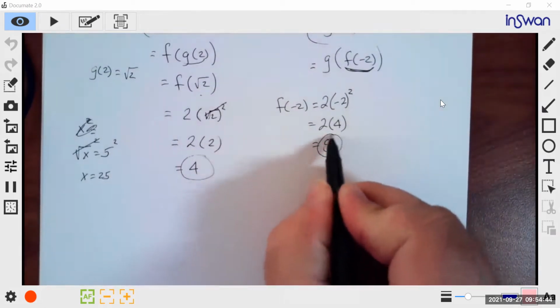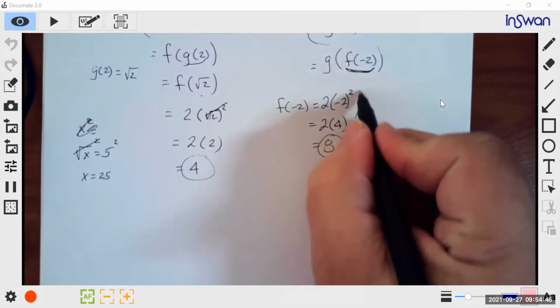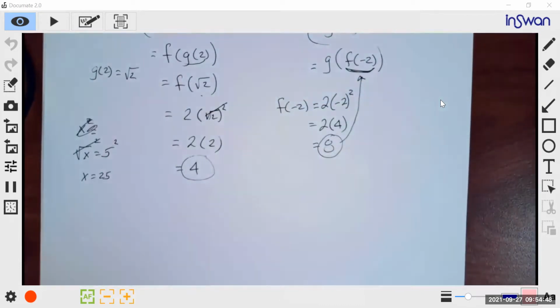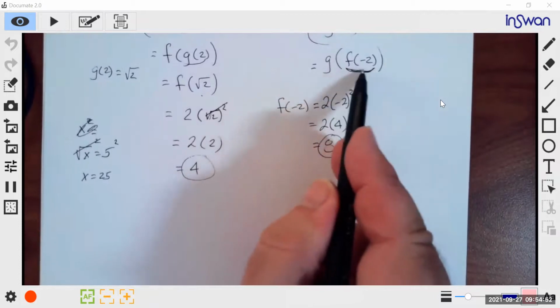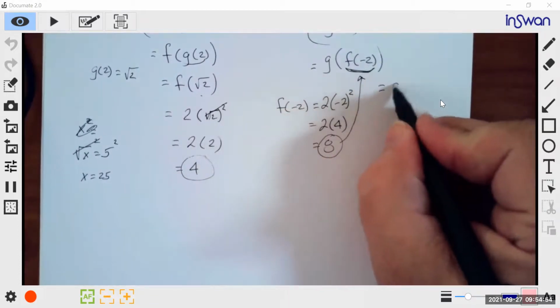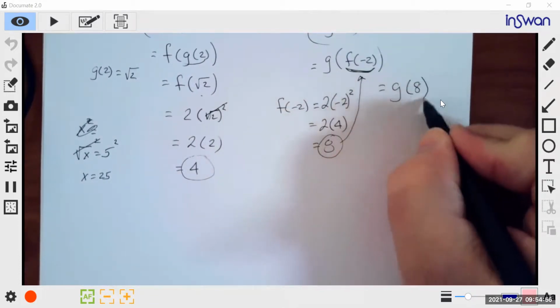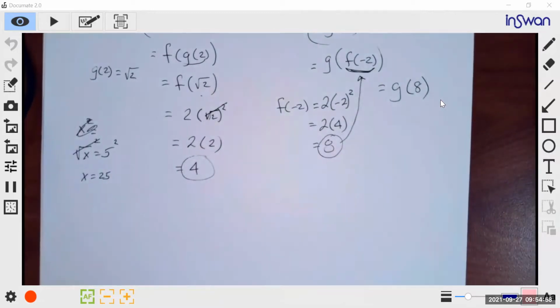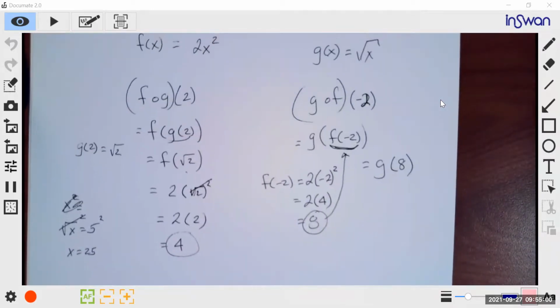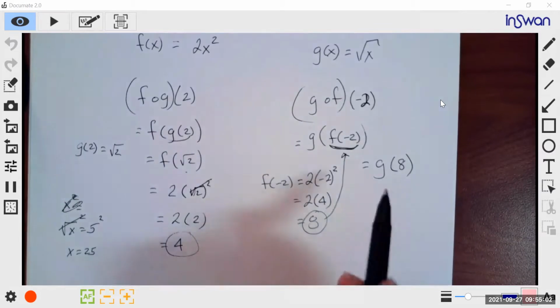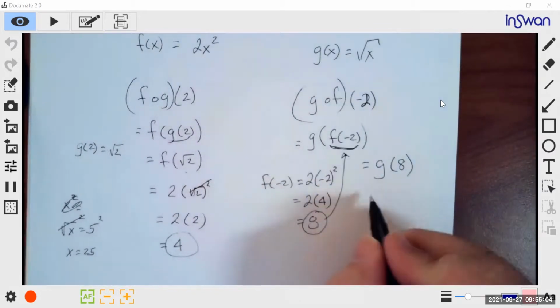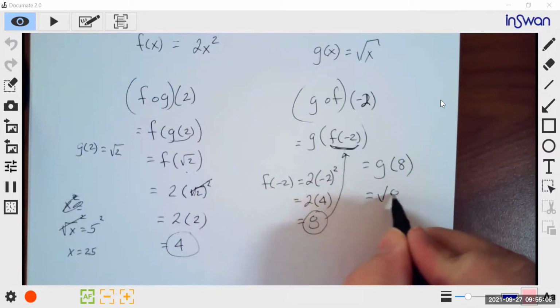So this 8 goes inside there, because this whole thing is the f of -2. So now we have g of 8. So here's g. So we go to square root of 8.